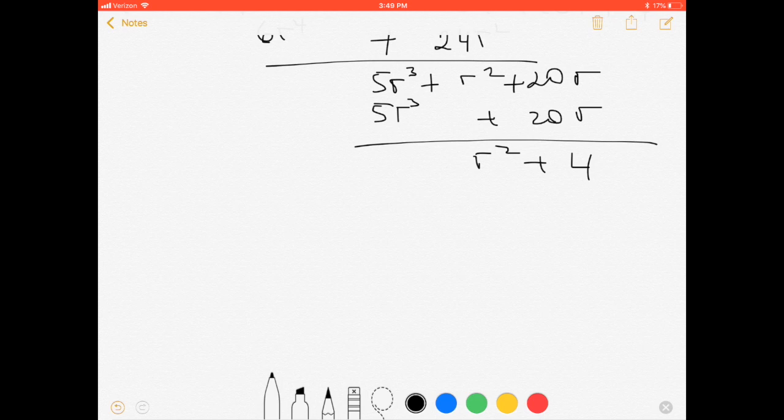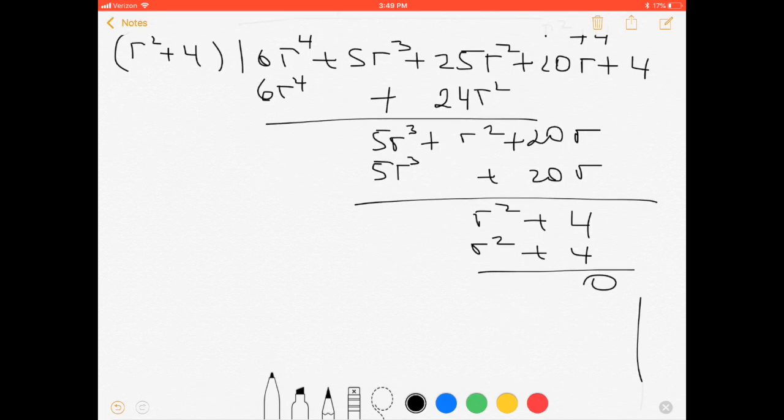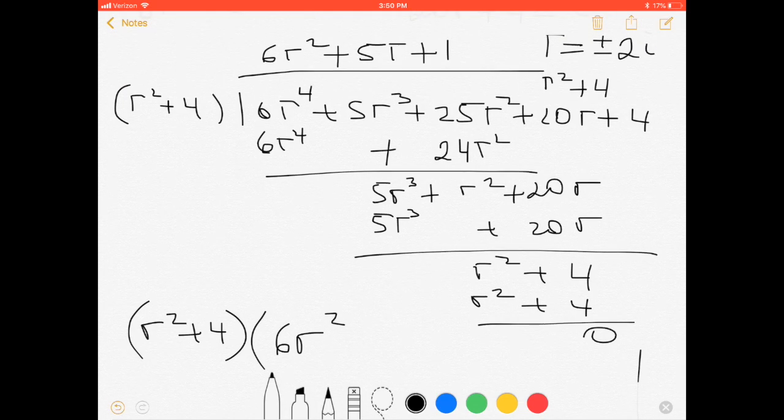This means I have plus 1 there, and r squared plus 4, subtract, I have 0. What does this mean? We have the result of our division. Our equation will be r squared plus 4, one factor, and 6r squared plus 5r plus 1, the second factor.